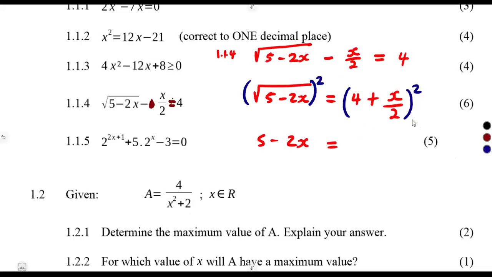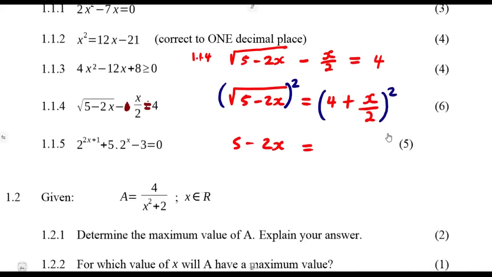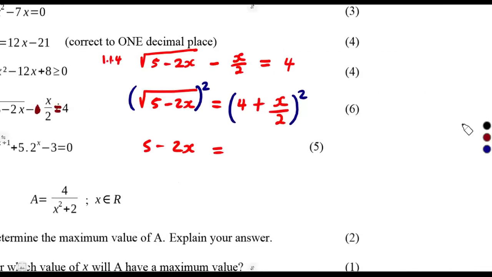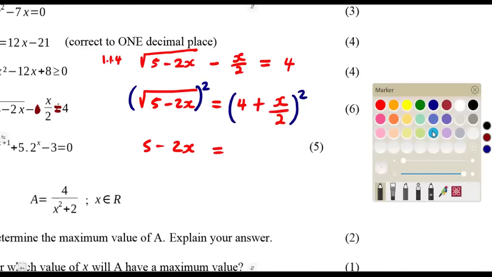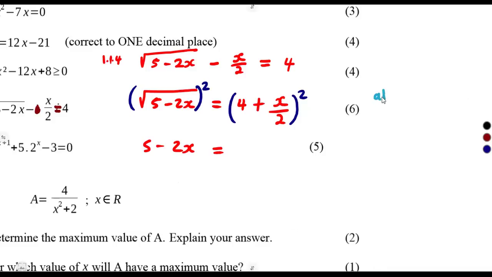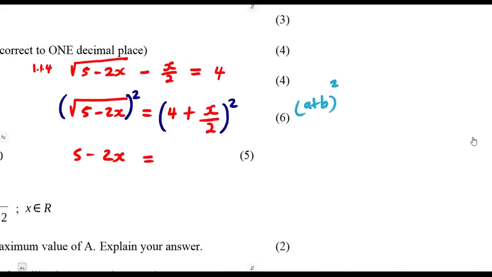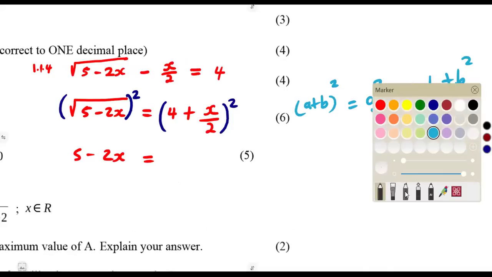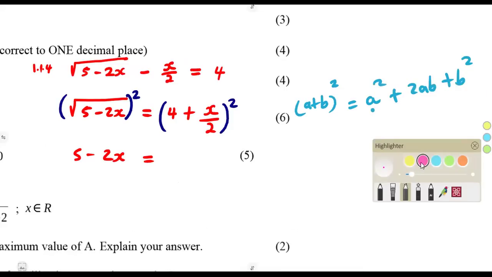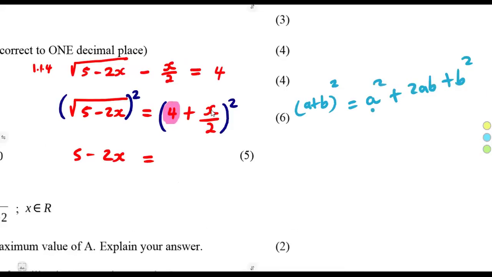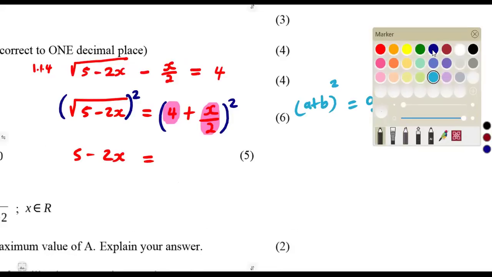So it is either you're going to have two brackets that you expand there, it is up to you, or you are simply going to use, remember, the expansion of these binomials: a plus b squared is equal to what? It is equal to a squared plus 2ab plus b squared. First term squared. So what is our a? What is our b? According to our question, this is our a and this is our b.